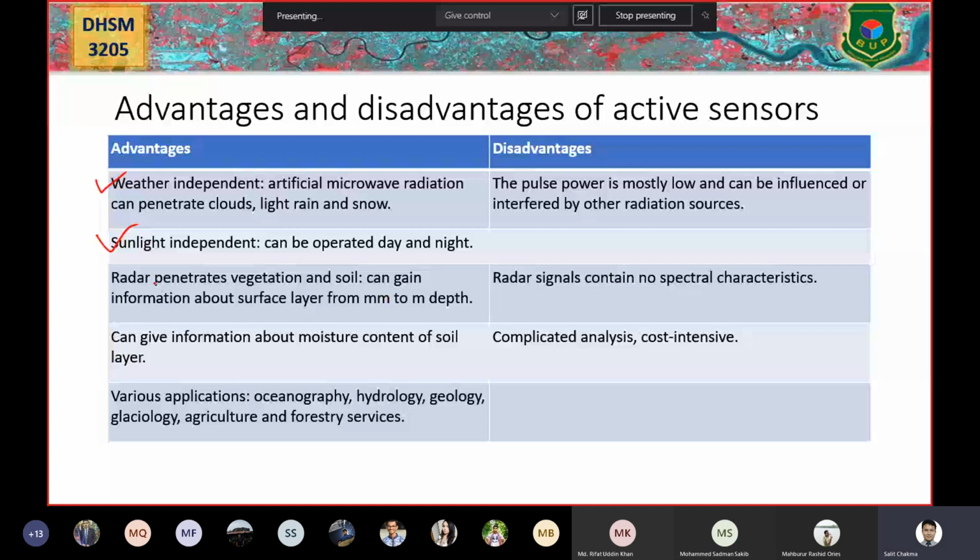Using SAR, it can go beyond some vegetation, and in some soil it can go in depth of the surface layer. So you may find out some geological information as well, like what's going on beneath the surface. As well as, and this is very important, you can find out the structure of terrain.